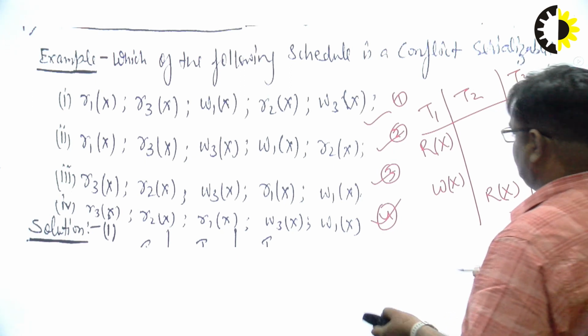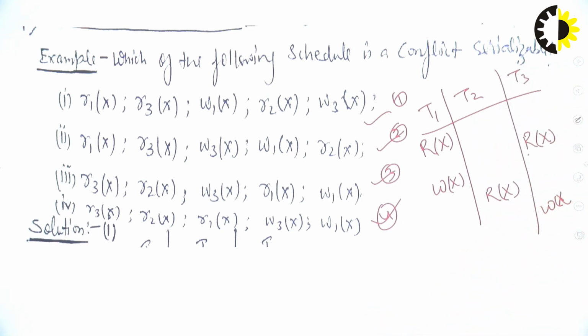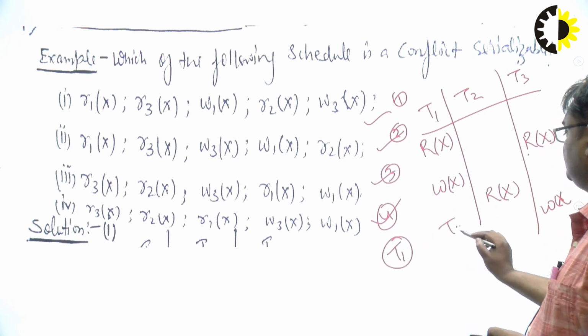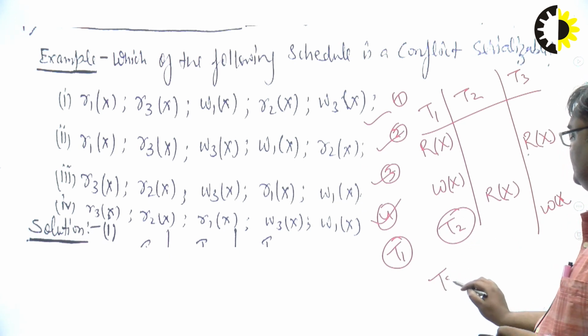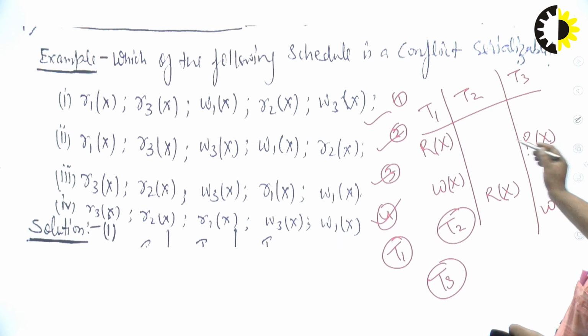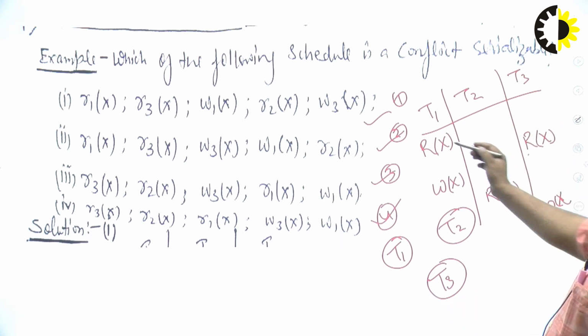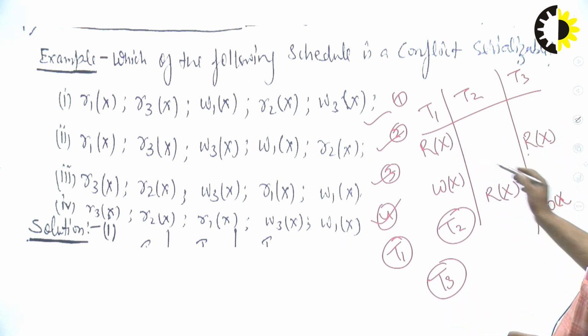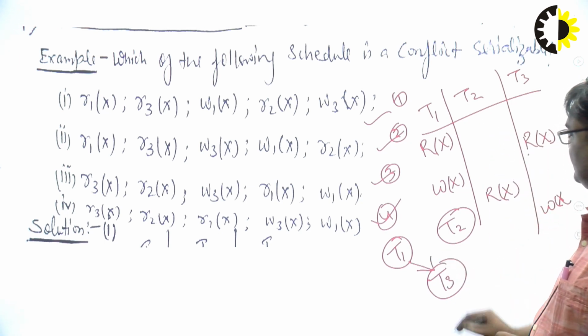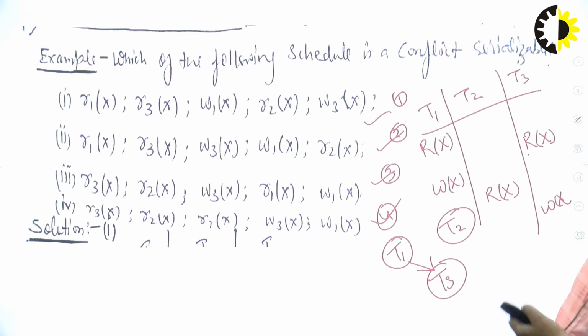So we have to draw a precedence graph for this. The precedence graph can be T1, T2, T3. We check for T1: read, no conflict; read, no conflict; read, write, conflict. So T1 to T3, there is an arrow mark.